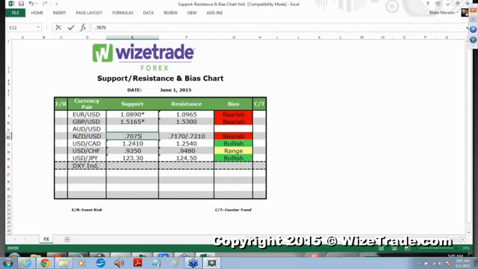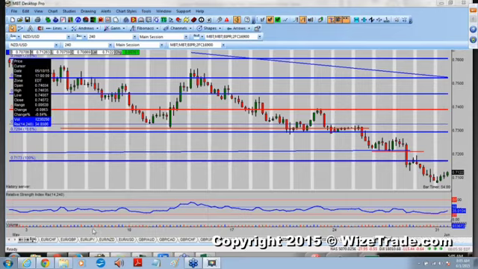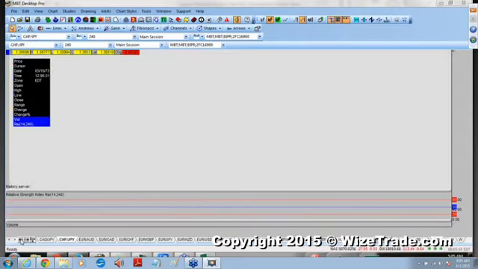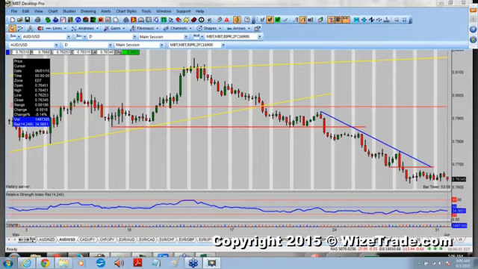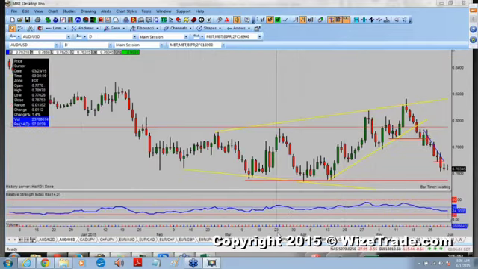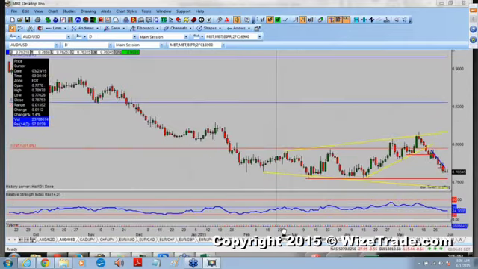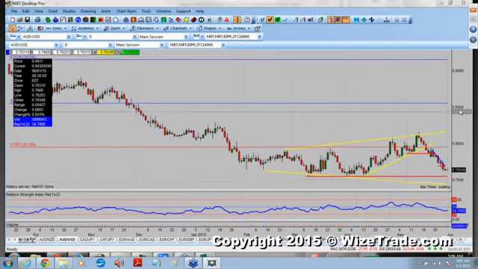Let's go over to the Aussie. Aussie is bearish as well, but the Aussie has had less of a recovery than the Kiwi. By the way, the RBA has their rate decision tomorrow.